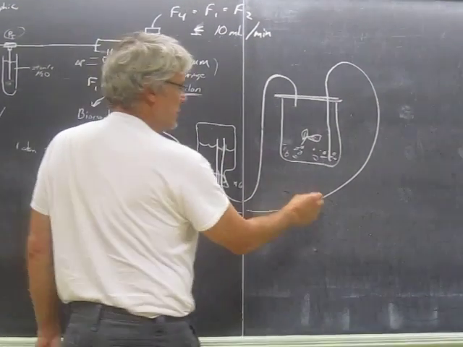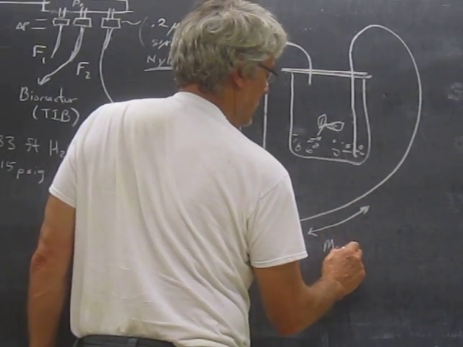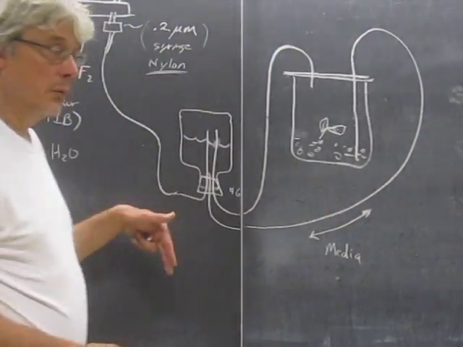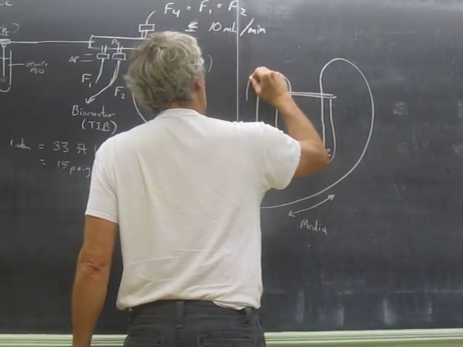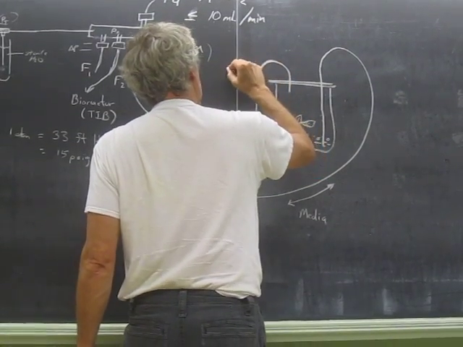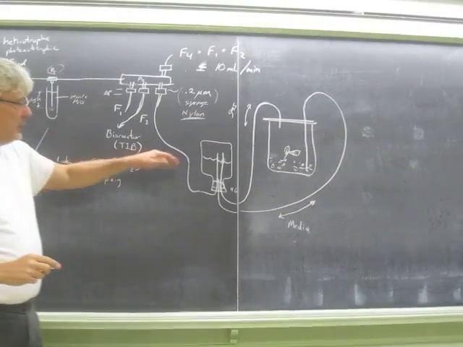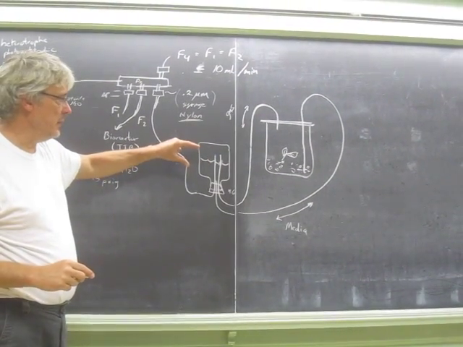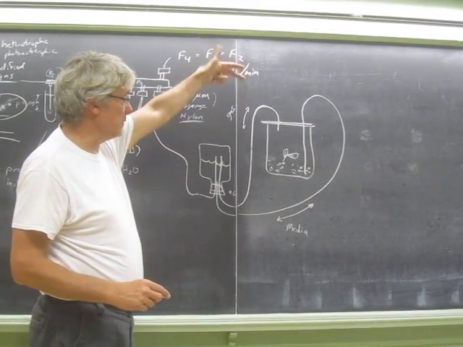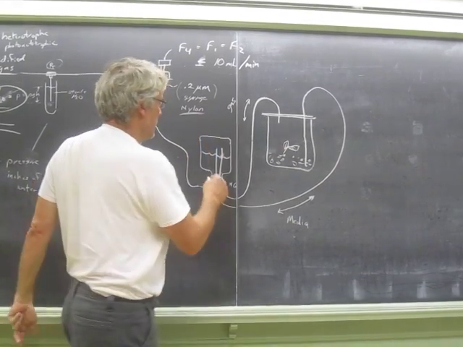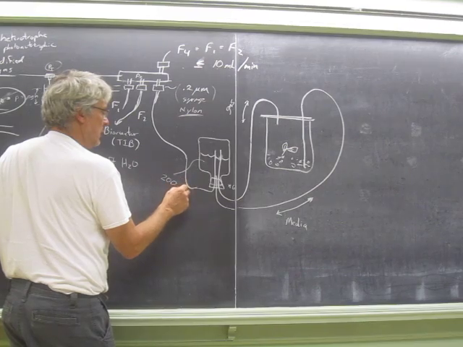So this is where the media goes back and forth when the reservoir goes up and down, and this one here is where the gas goes back and forth. If you think about it, if you have a couple hundred milliliters in here and it cycles and runs all of that 100 milliliters or so, let's say 200, I think is a typical one that we might have.